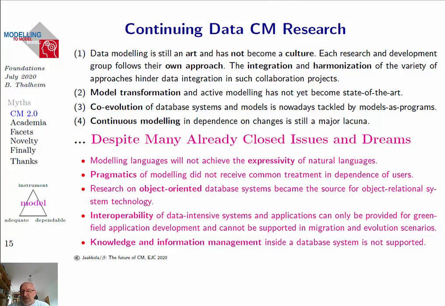Model transformation and active modeling has not become yet a standard, so we have some research topics we should really tackle. Co-evolution of database systems and models can be tackled by the models as programs approach. See chapter 14. Continuous modeling, independence on changes, is still a real big issue, is a major lacuna.